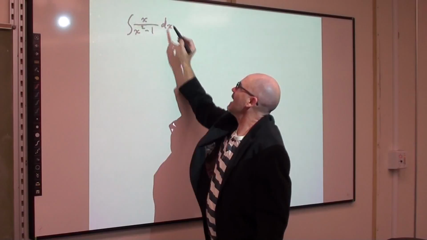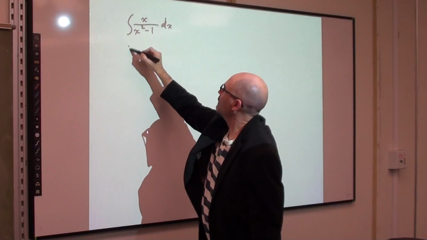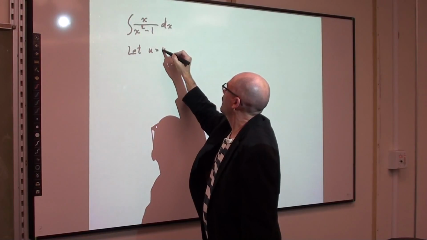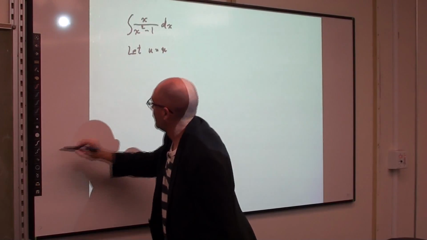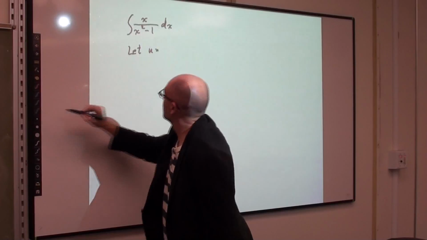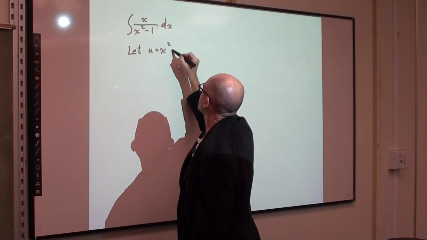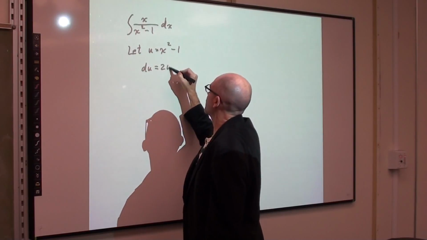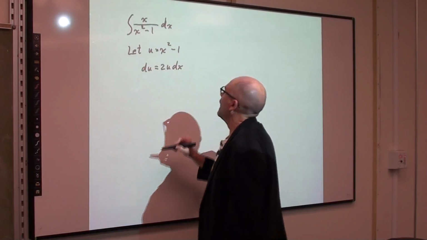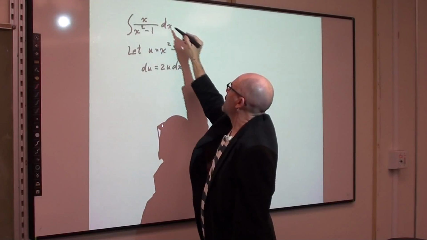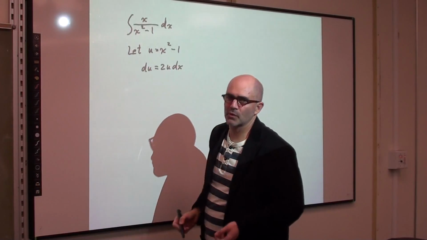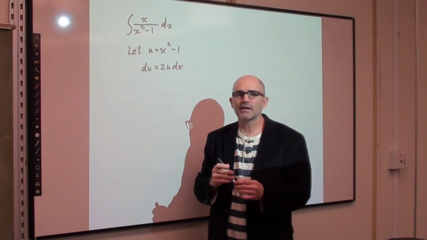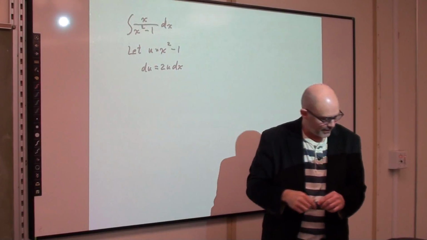Notice you've got an x dx here, so if you just let u equal x squared minus 1, then you've got du equals 2x dx, and there's your x dx right there, so you have a simple u substitution. So that's the thing you're going to look for: the simplest method possible.